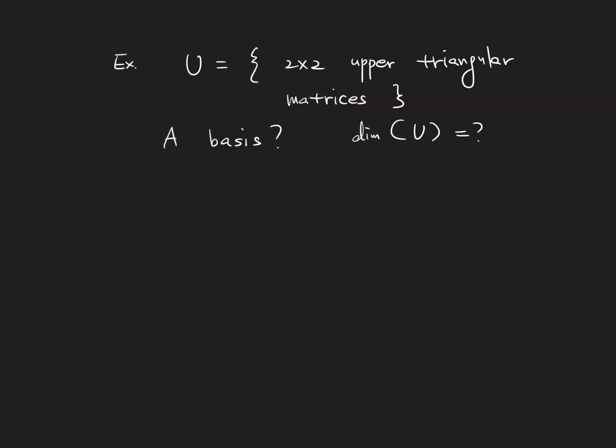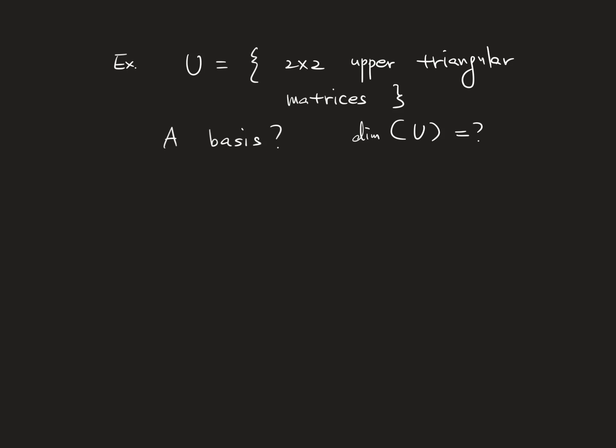And U is the set of 2 by 2 upper triangular matrices, and this is a vector space because adding two upper triangular matrices gives an upper triangular matrix, and multiplying any upper triangular matrix by a scalar gives an upper triangular matrix.